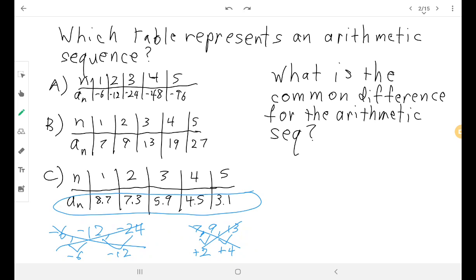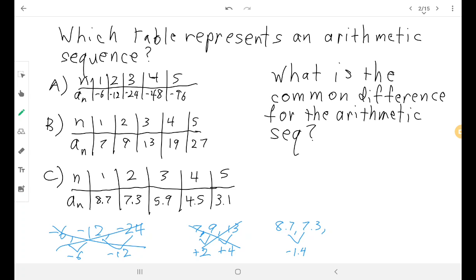And then finally, let's look at this one. We go from 8.7 to 7.3. And if you look there, you're adding a negative what? If I subtract these two, it's going to be 1.4, right?